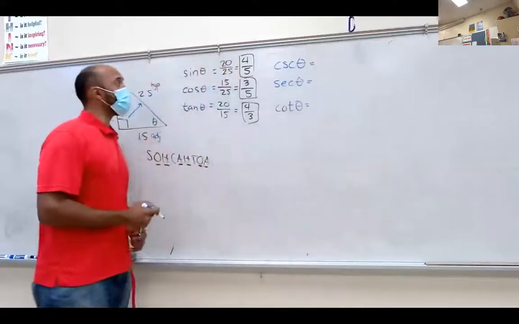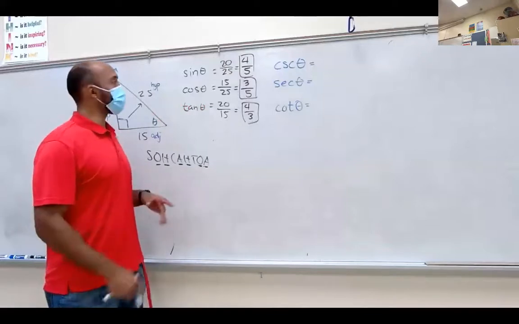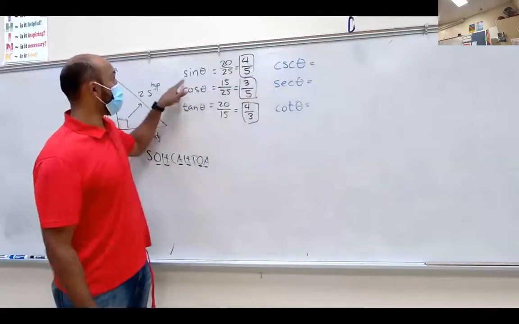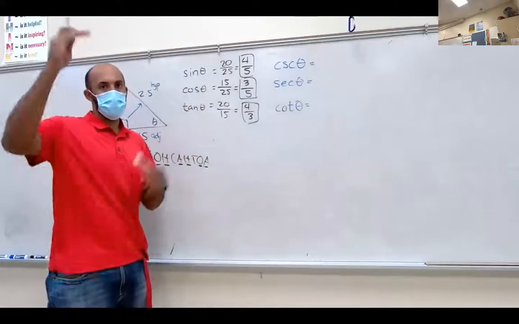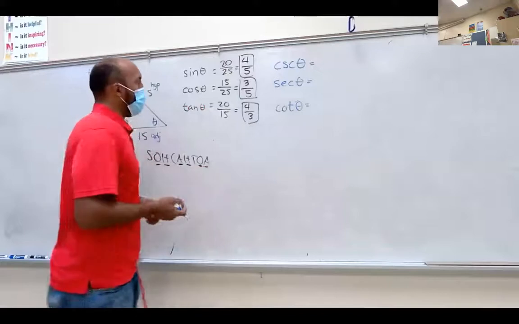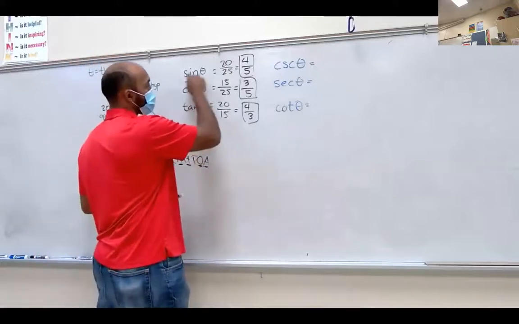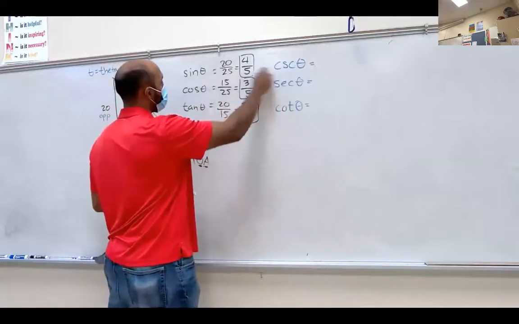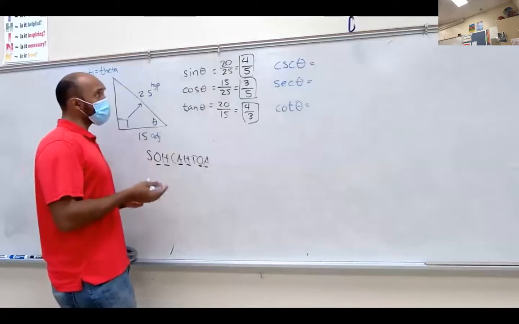Now, if I had it my way when they decided these names, I would have made secant the opposite of sine and cosecant the opposite of cosine, because it's like C with C, S with S. But just know it's the opposite. So I always know that S goes with C and C goes with S, whether it's cosecant or secant.